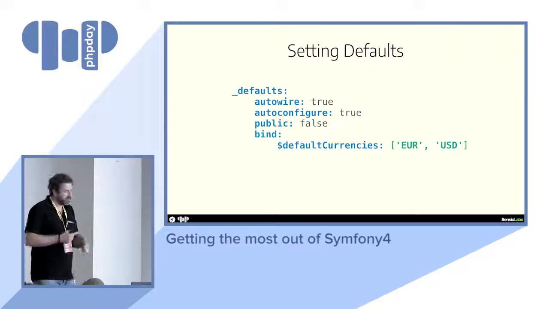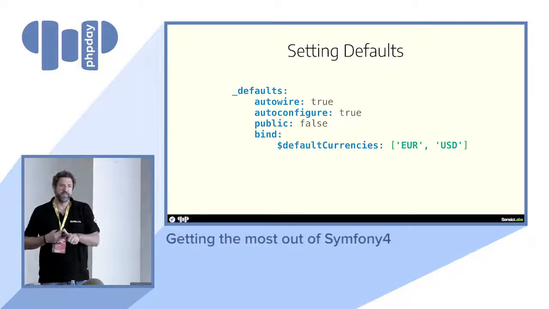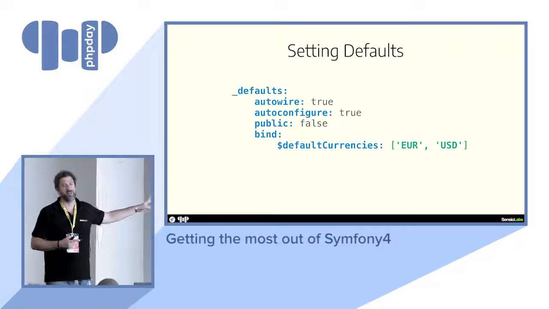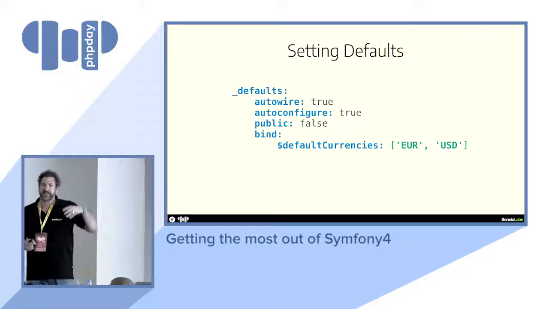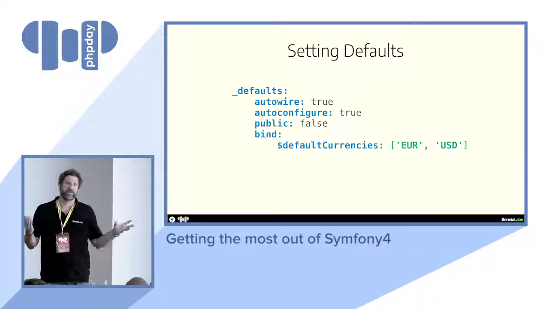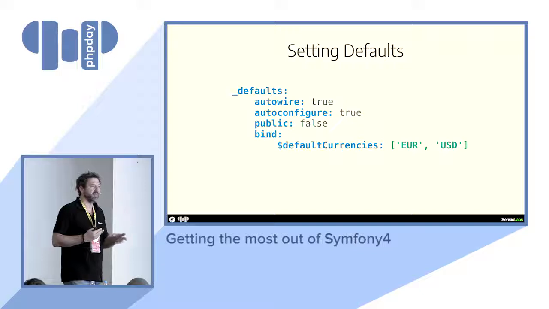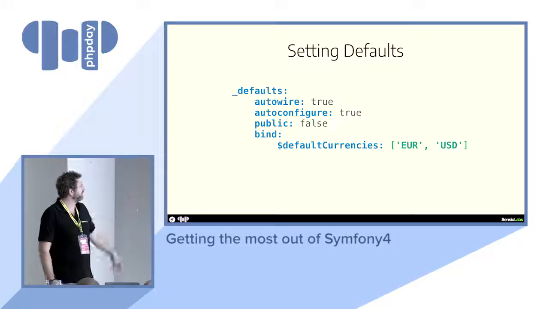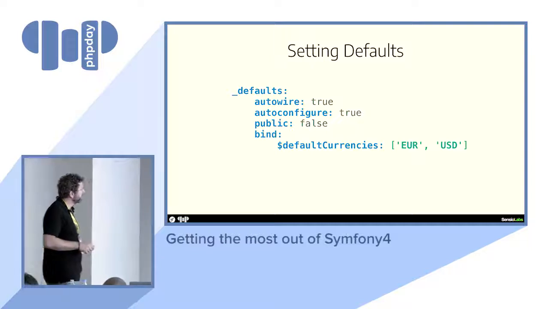And the first and most important thing to remember is this is only valid for this file. So everything you configure here has only an effect on everything that comes below and nowhere else. So you can't accidentally destroy your vendor bundles config or something. This is only valid for this file.